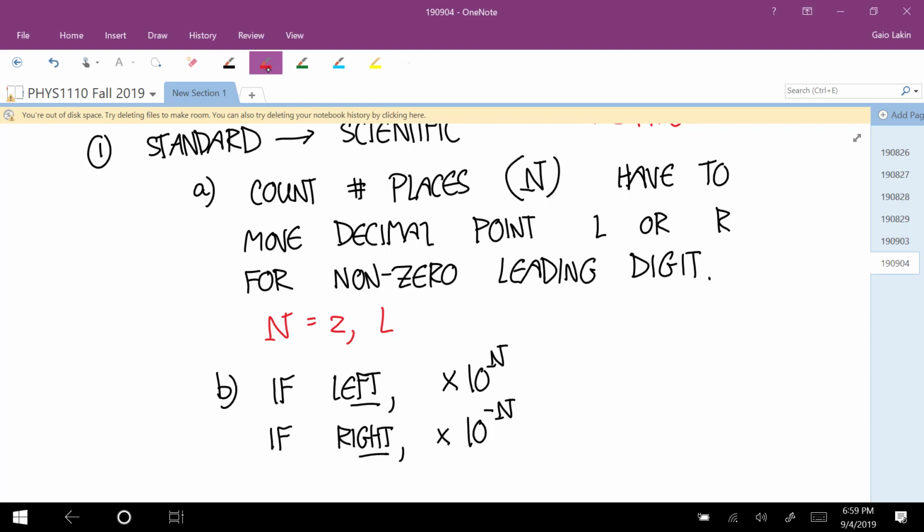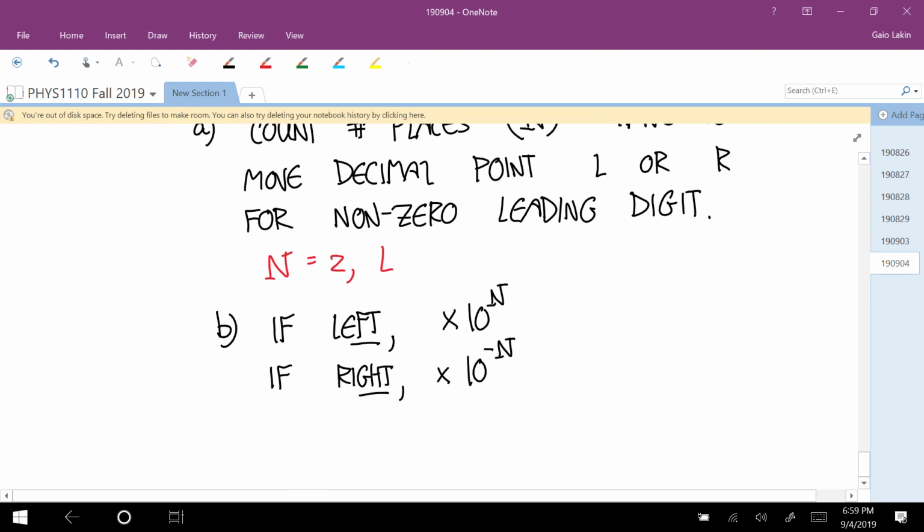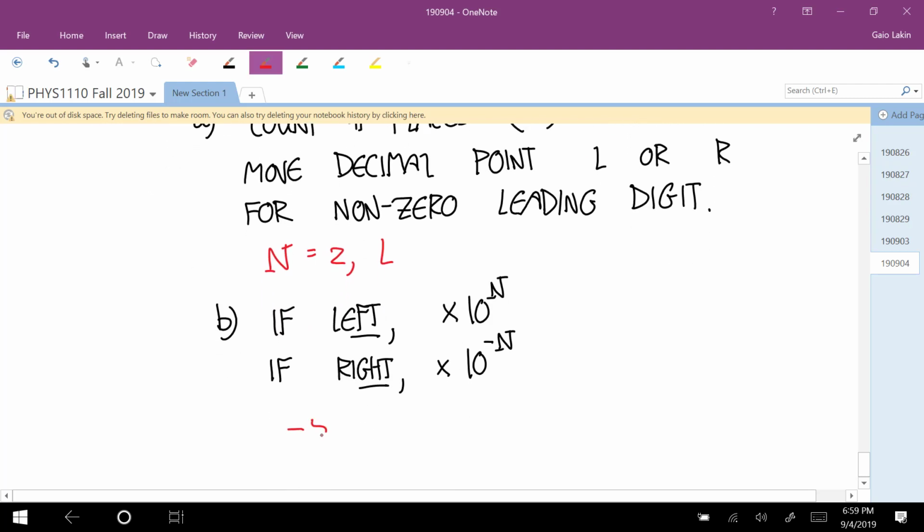Okay, so when we move that decimal place 2 spaces to the left, we ended up with negative 5.416. And n was equal to 2, and we moved to the left, so this is going to be times 10 to the positive second power. Any questions about that?